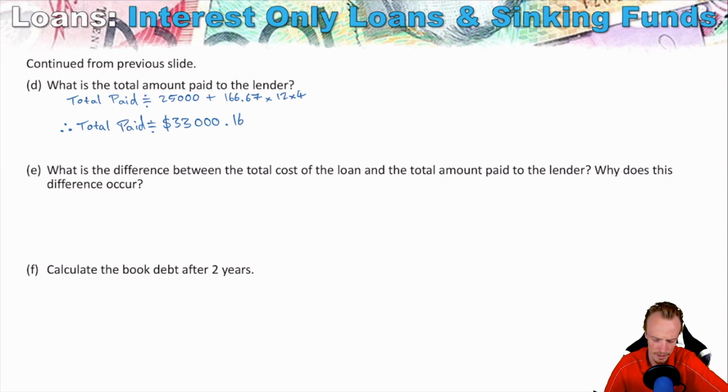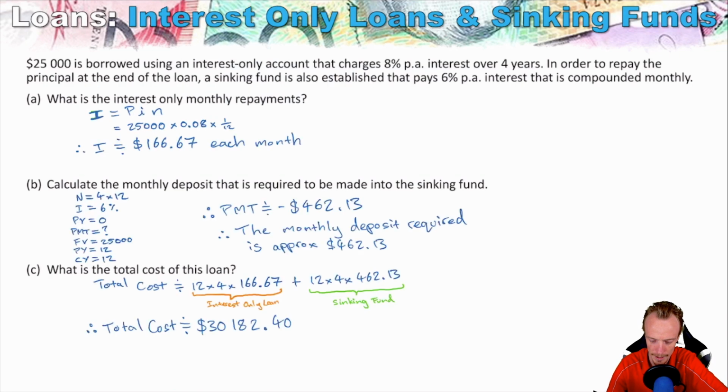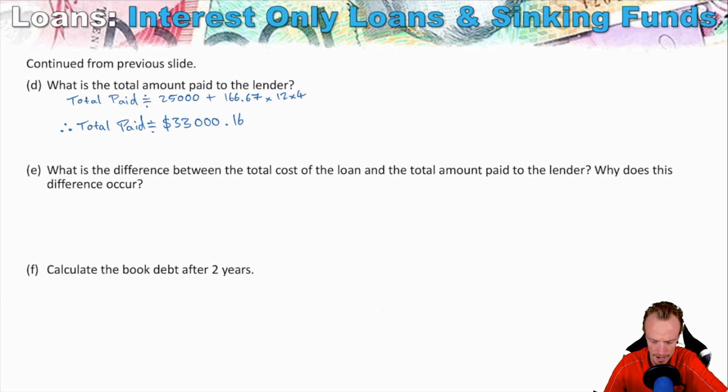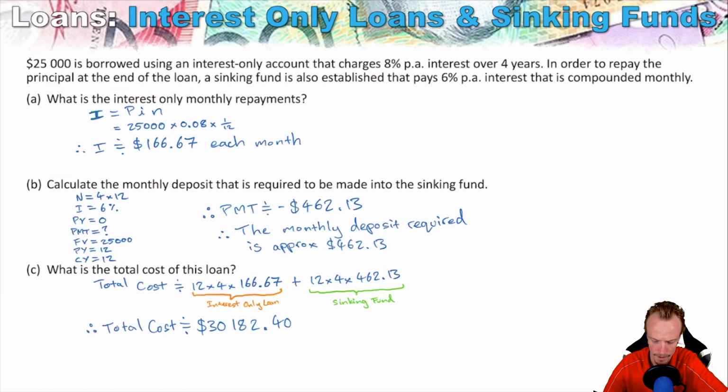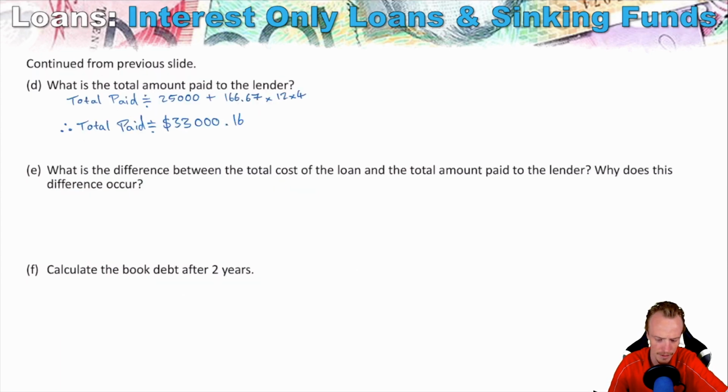So you might sit there and go, well, hang on, total paid and total cost to us were different. They actually received more from us. Total cost was $30,000, but they received $33,000 from us.